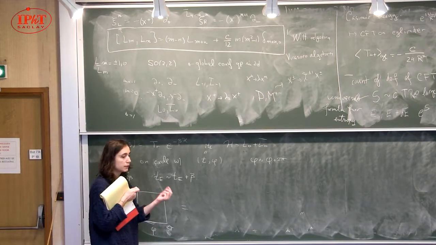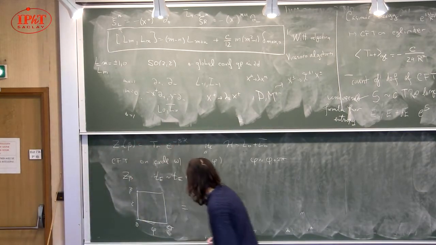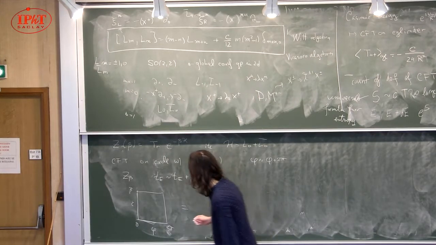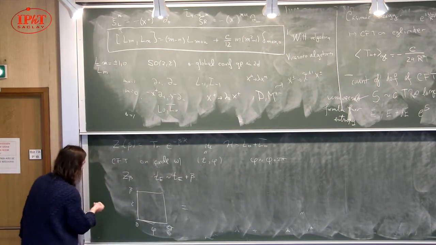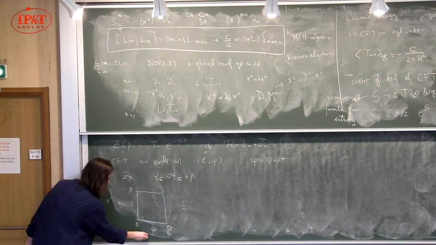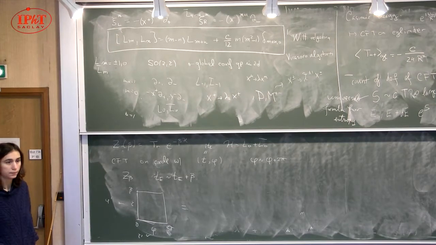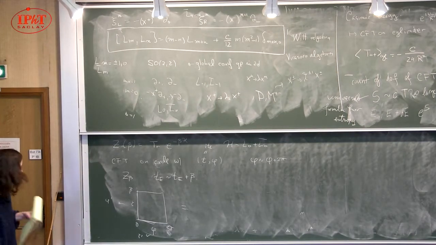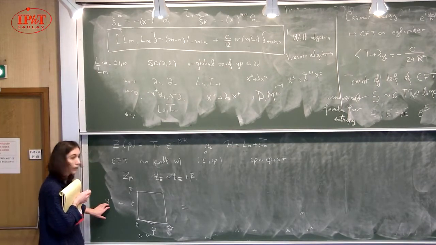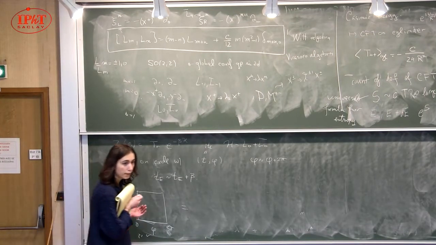However, I have to keep the space periodicity fixed. So I want to call this space prime, and this tau prime. But in doing this, I have to take care that the space periodicity is the same, 2 pi.